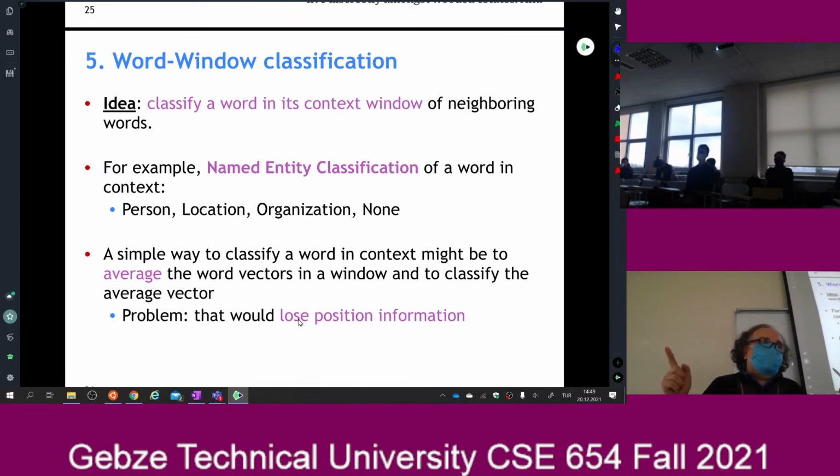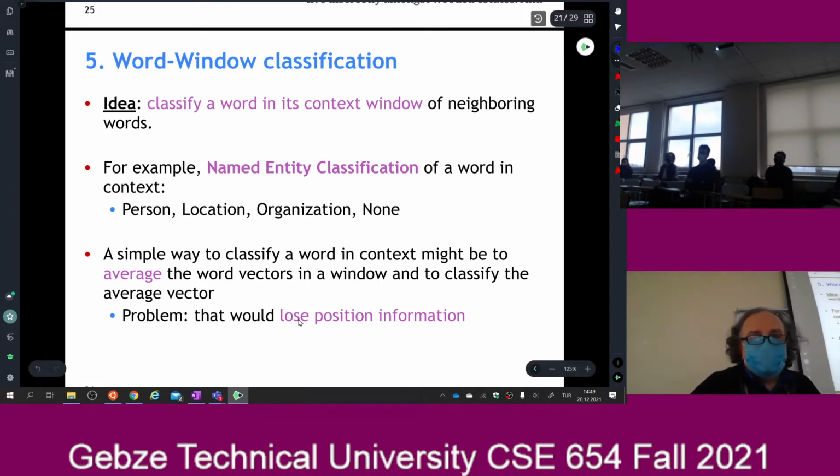I will take 5 words or 6 words or 7 words, and I'm going to assign a class, named entity class, to the center word. Okay, so it's going to be either person, location, or organization. So that's what's going to be in our case.